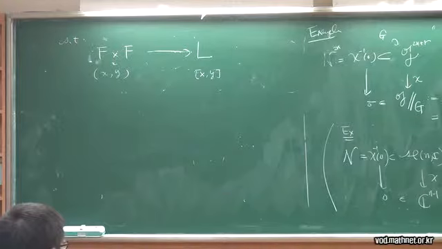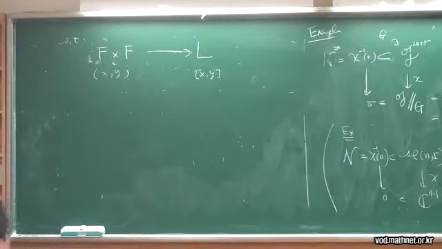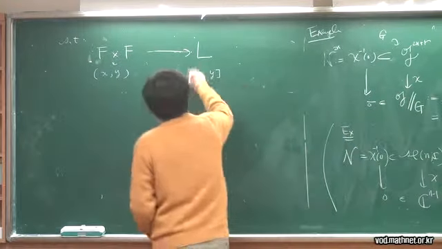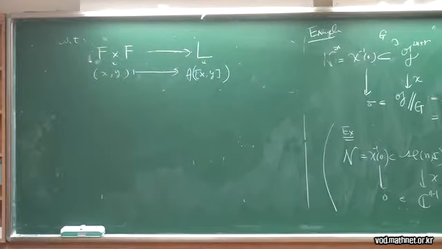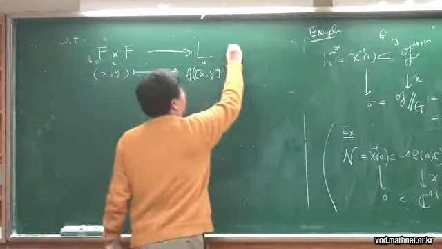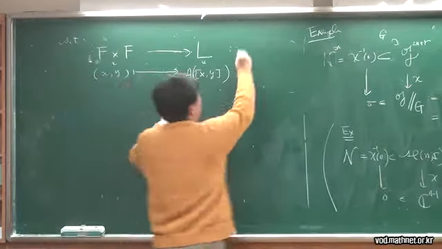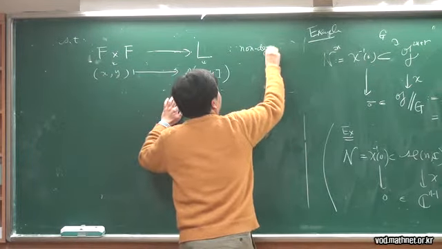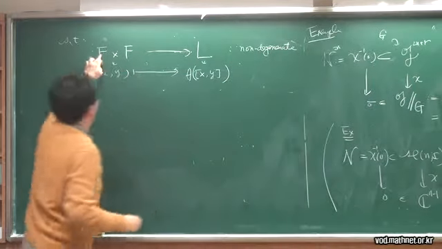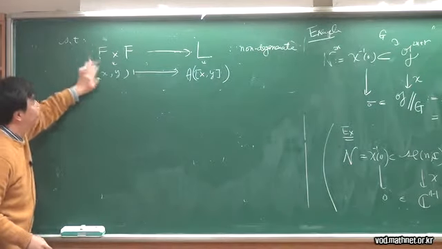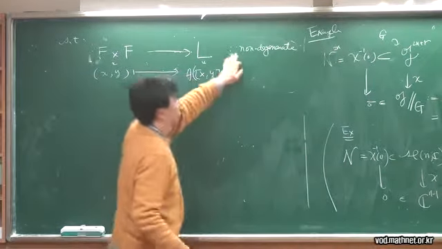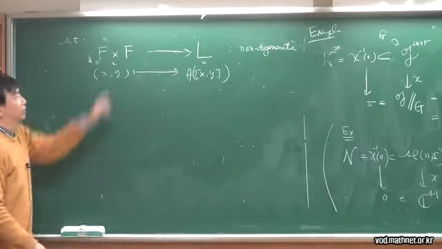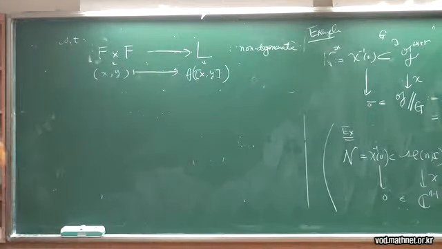Then you send this bracket by this theta. So you have a natural skew symmetric form. The condition is that this is a non-degenerate pairing. This is a vector bundle of even rank, so it has the possibility to be non-degenerate.